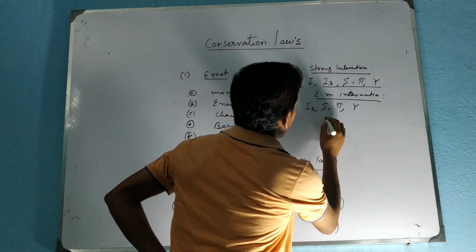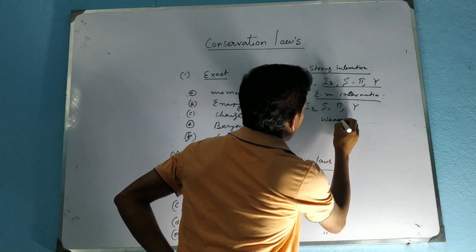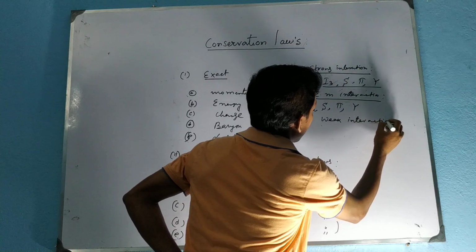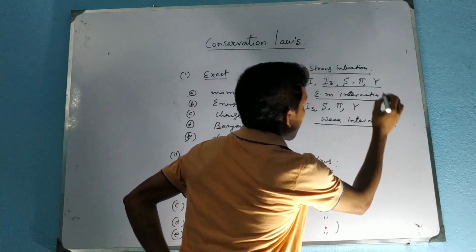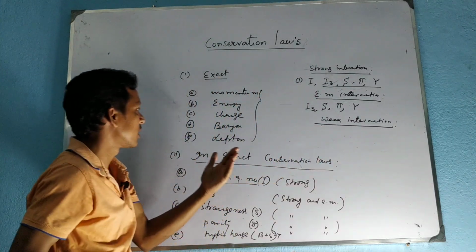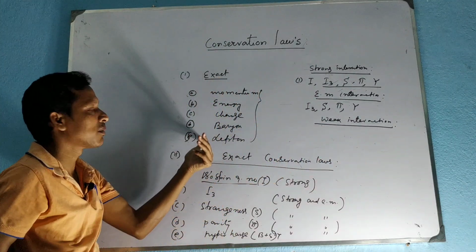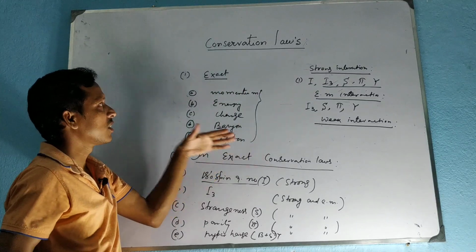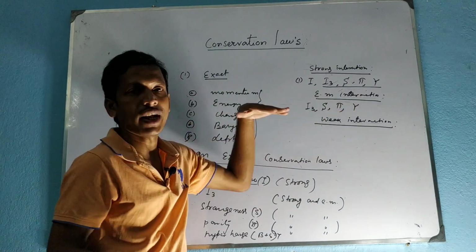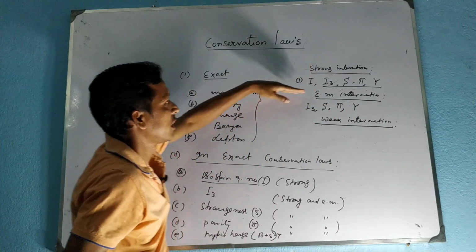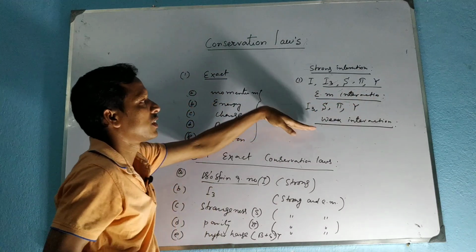Now the third one is weak interaction. In weak interaction, only the exact conservation laws are conserved. These conservation laws are conserved in all allowed reactions, in strong interaction, in electromagnetic interaction, and also in weak interaction.